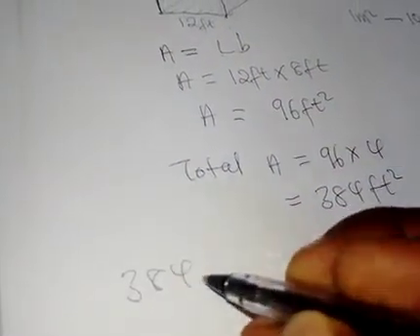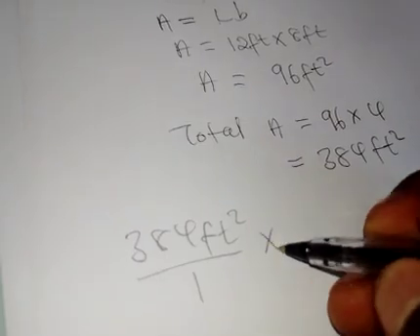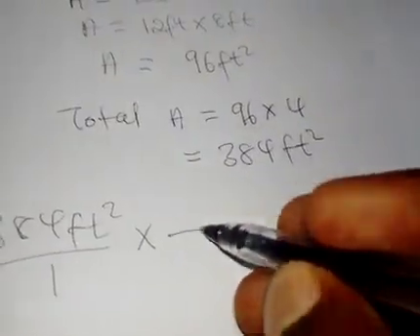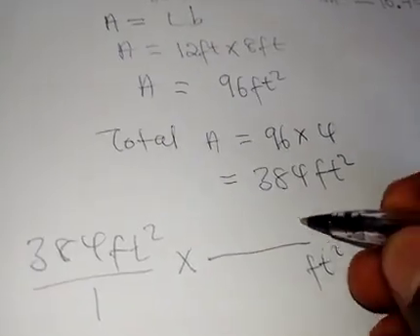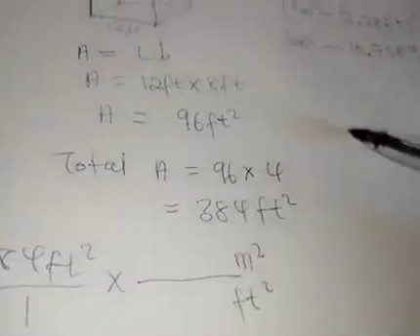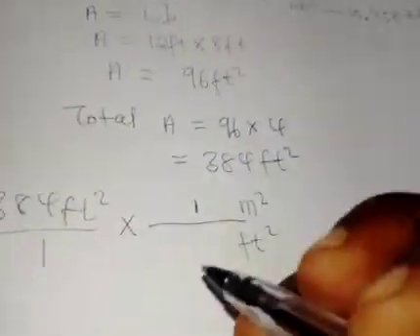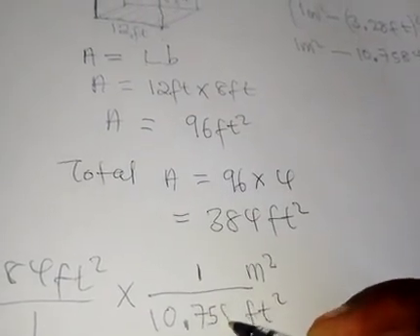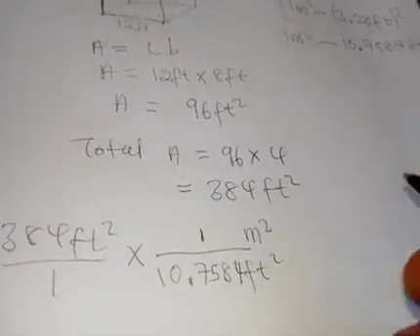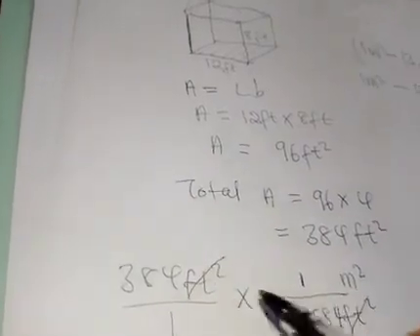So we have 384 square feet over 1, multiplied by, in the chain link conversion, we should get rid of square feet and maintain square meters. If you have 1 square meter, we should have 10.7584 square feet. Then feet and feet disappear.